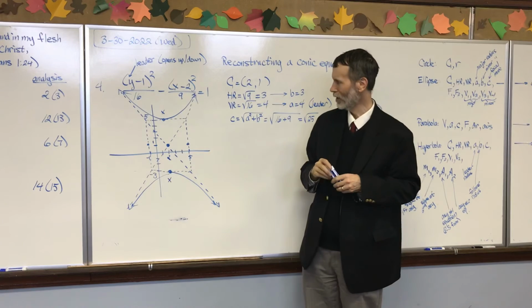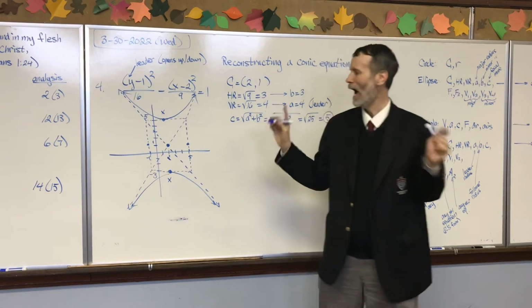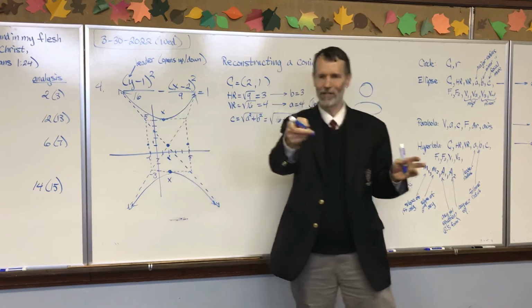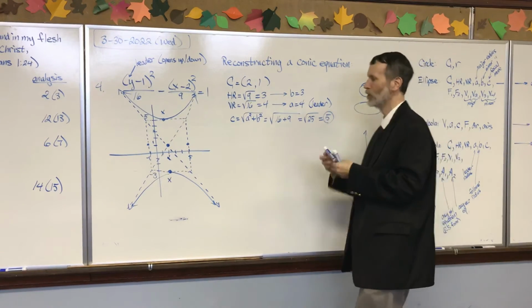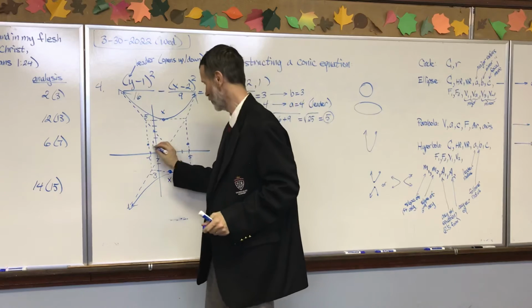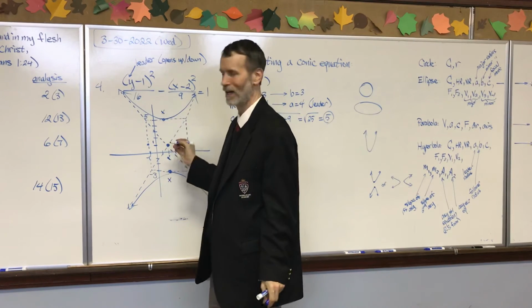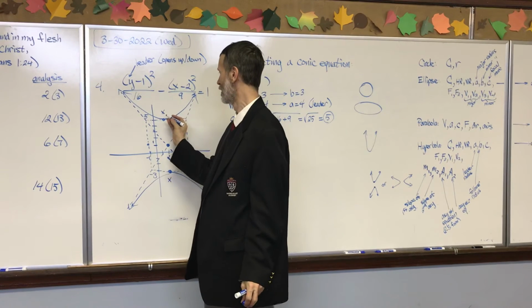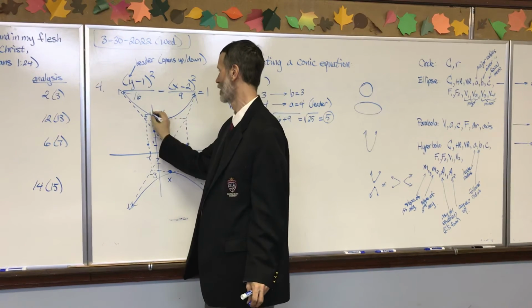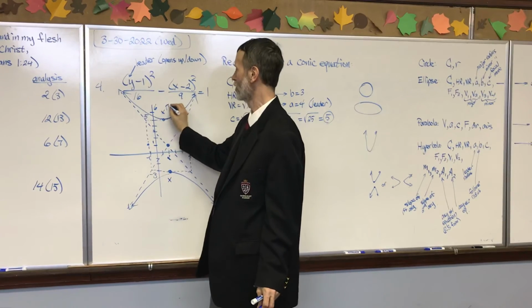Take over, Katie. How far away from the center is the focus? 5. So where would that be? We're at a height of 1 now. Up 5, which gives you a height of what? 6. This is the first focus.